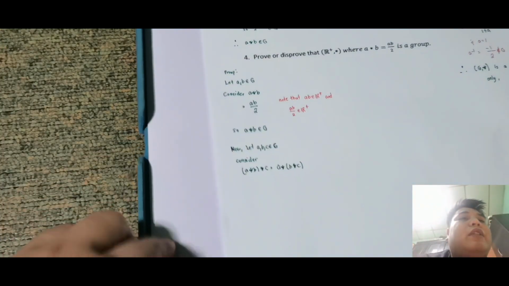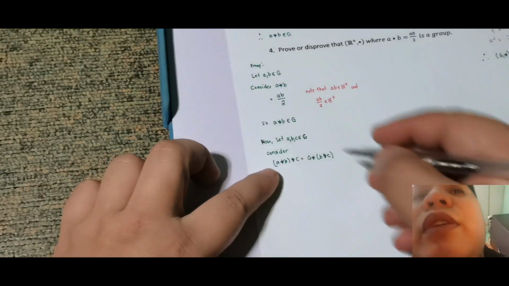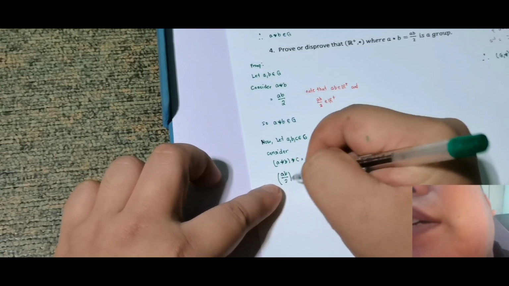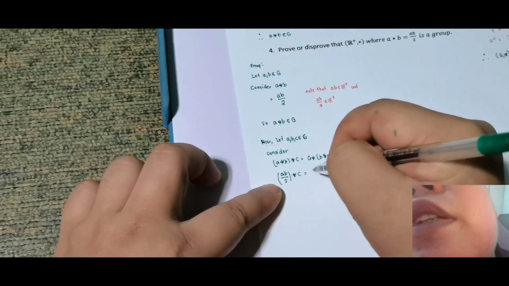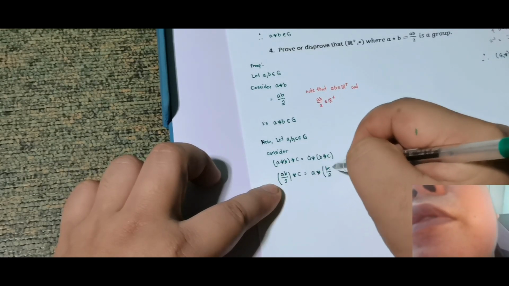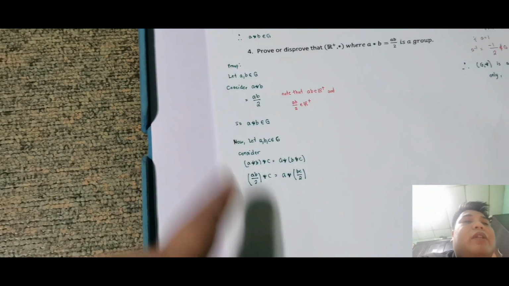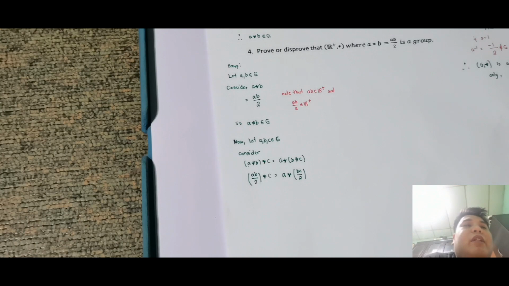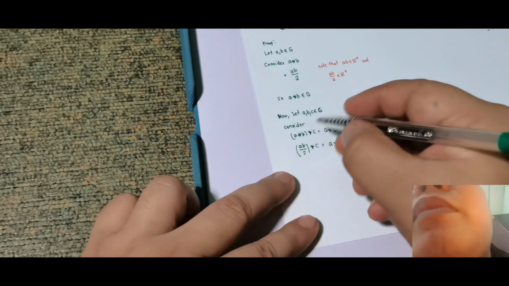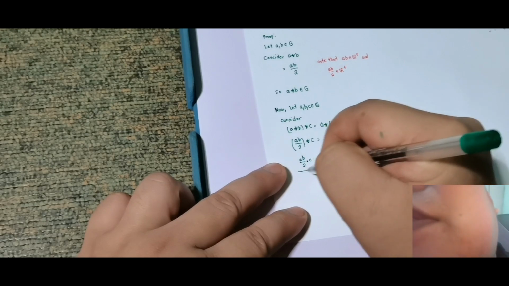Okay, then we proceed with our pattern. The pattern is AB over 2, so this is AB over 2, a new element. Then asterisk C is equal to A asterisk BC over 2. That is the difference. Okay, so what do we do next? The pattern is to multiply this element and divide by 2. So this becomes AB over 2 multiplied by C, all over 2.